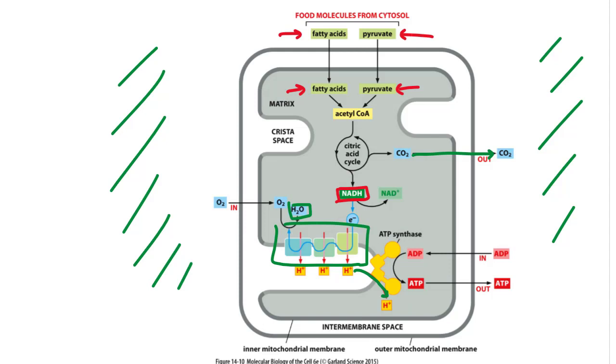So ADP concentration is going to be higher out here and lower in here because ADP in here is being changed to ATP. Now, ATP concentration is going to be higher in the matrix because ATP is being produced in a smaller volume. And ATP will also move down its gradient through transporters out of the matrix and out of the mitochondria.